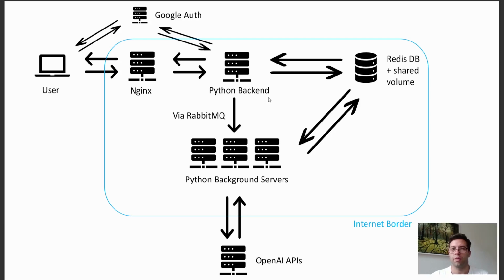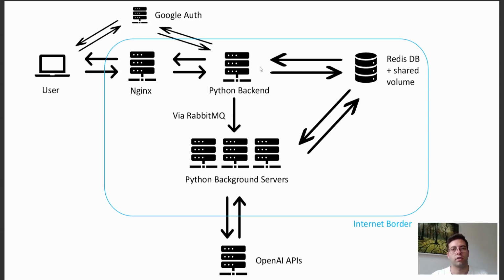There's a Python backend server. That's a simple web server that processes the requests that are sent by the user. This backend server saves data to the Redis database and can also read data from the Redis database to then forward it back to the user.